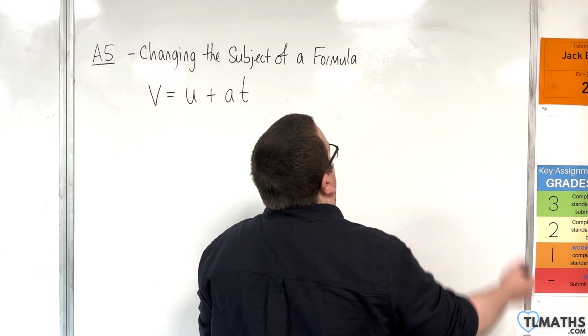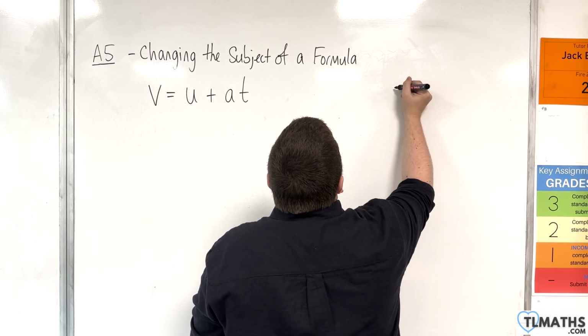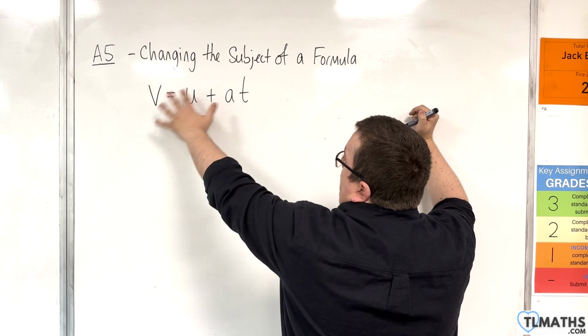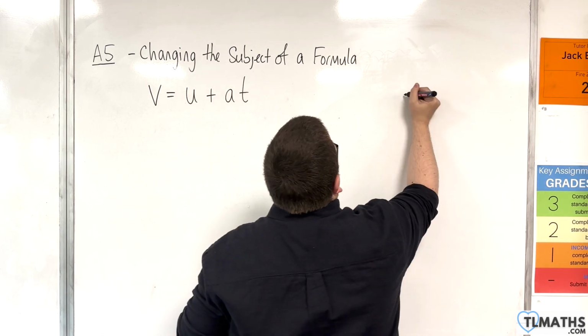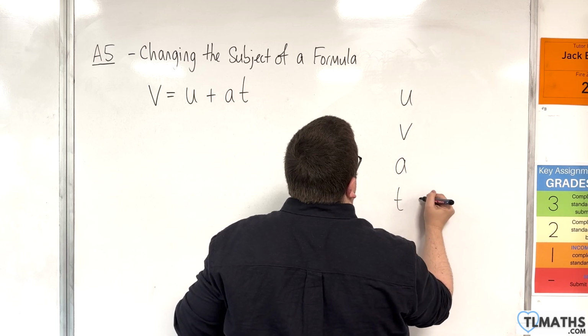We often write down SUVAT, but I'm not going to bother writing down the S because S has got nothing to do with this one. S represents displacement. So let's just write down U, V, A and T.